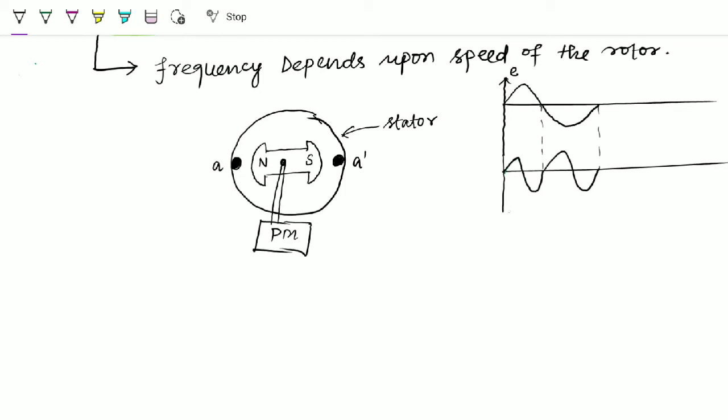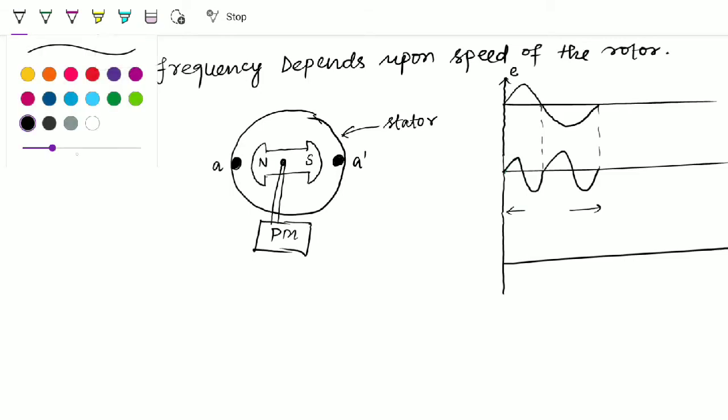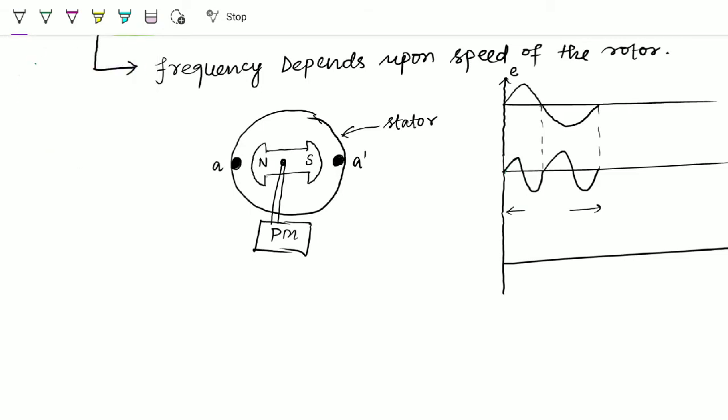So here we see that the number of cycles has increased from the previous case. In this way, by increasing the speed of rotation, we can change the frequency, that is the alternating cycles of the voltage generated across the coils of the stator.